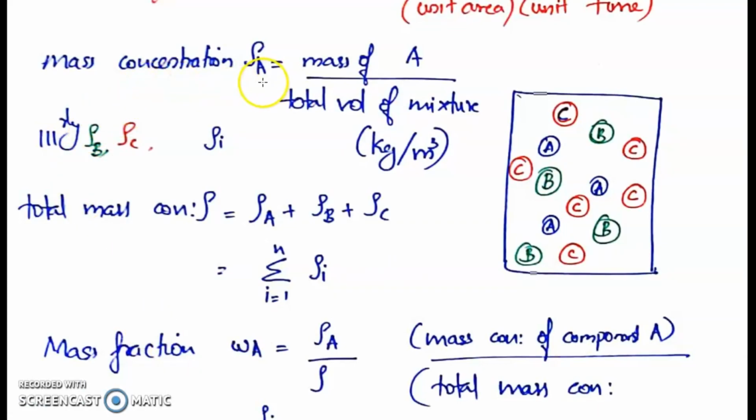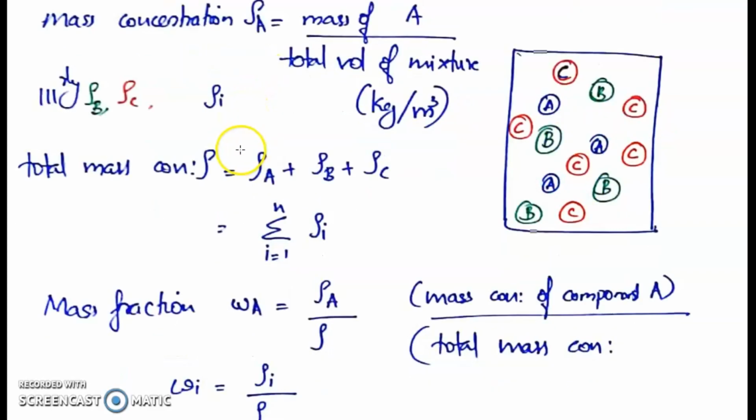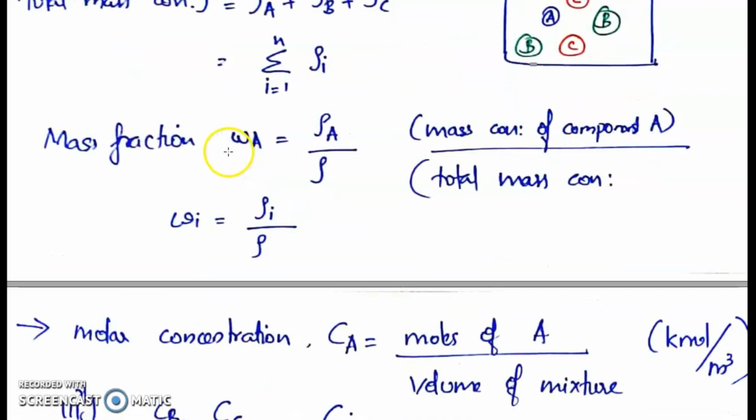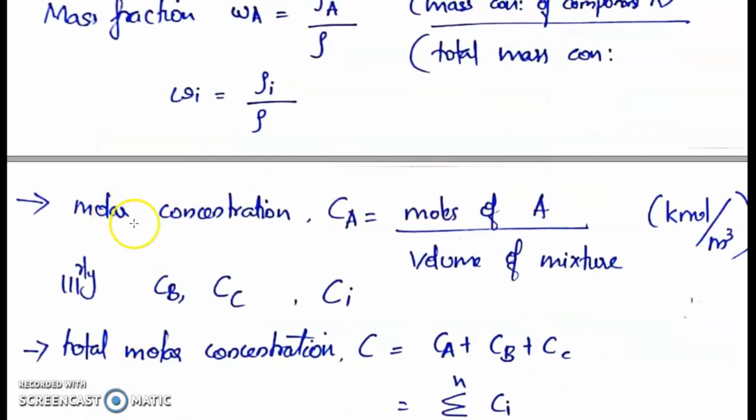We can always represent the concentration in terms of mass as well as moles, because if we know the mass, we just need to divide by the molecular weight to get the moles. So let us represent the concentration on a mole basis. It is called molar concentration, and the molar concentration of A is equal to moles of A by volume of the mixture. Instead of mass, here we are using moles of A, and we are dividing by the volume of the mixture.